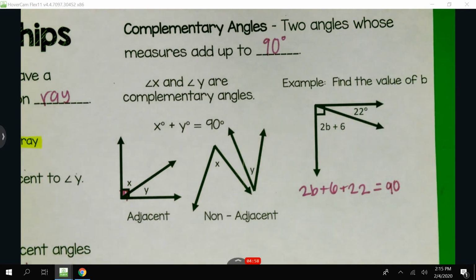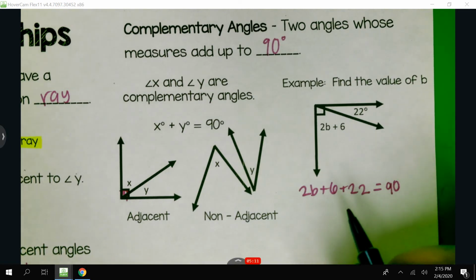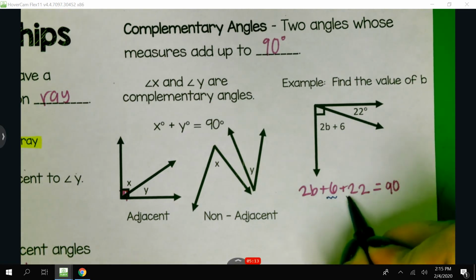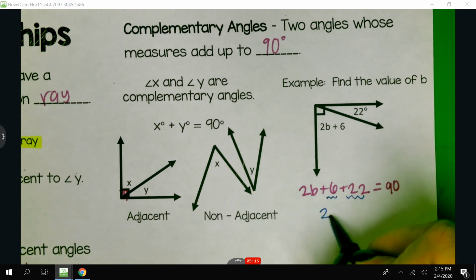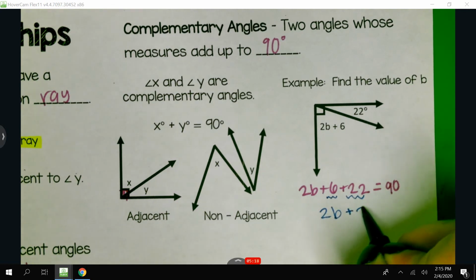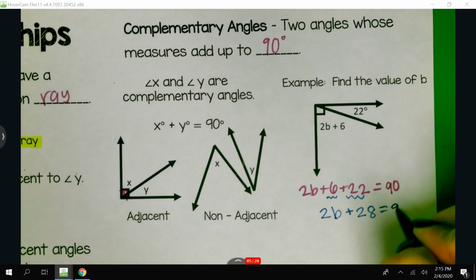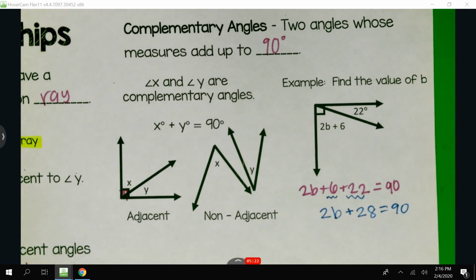Okay? Does everybody see that? What do I have to do first before I can solve? Combine like terms. Which is what? 6 and 22. Okay. So when you add those, what do you get? 28. Now what?